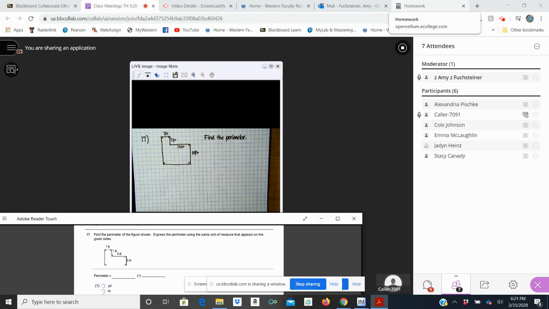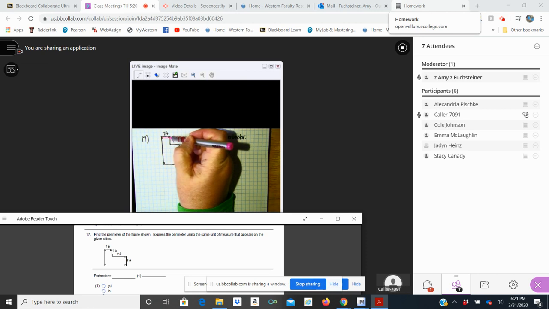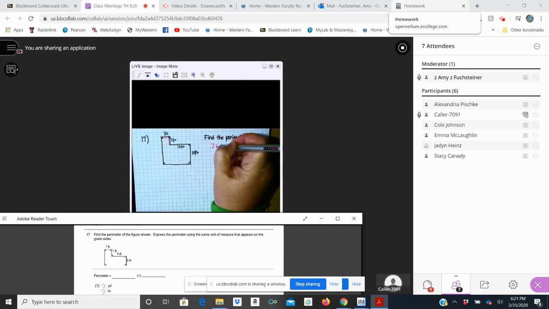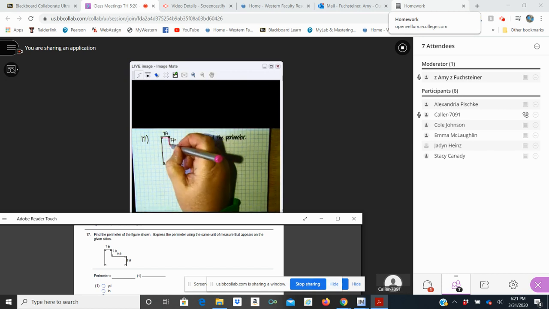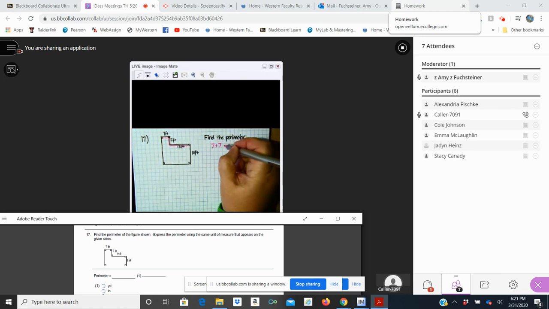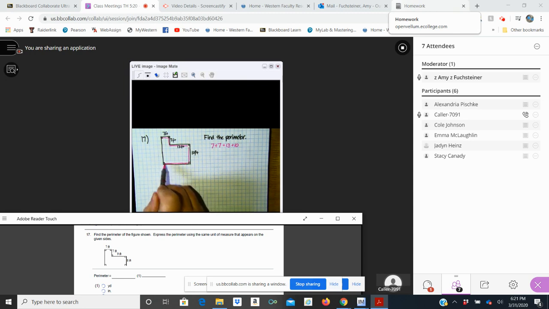Now, part of the problem with this particular one is that in order to find the perimeter, we have to be able to go all the way around the shape. And while I know 7 here and 7 there, and I know 13 across there, and then I have a drop of 10, I don't know how long that is.